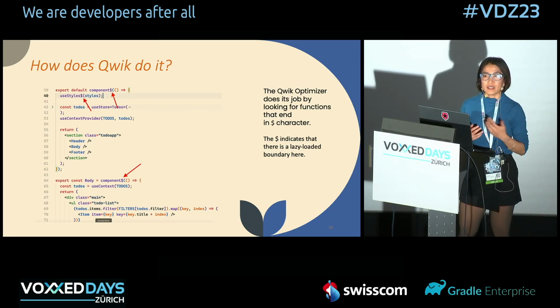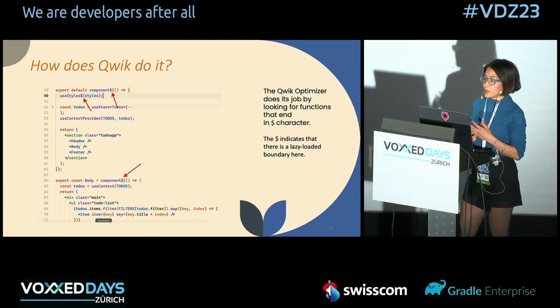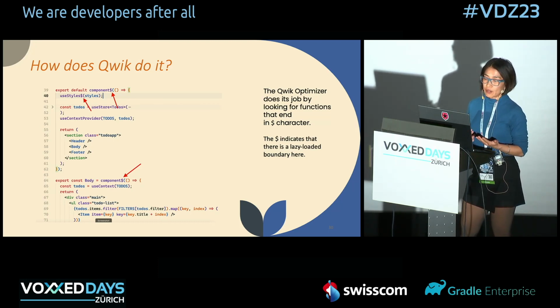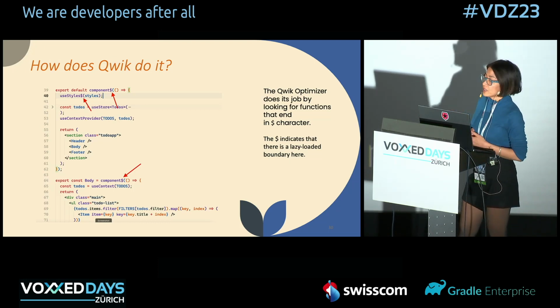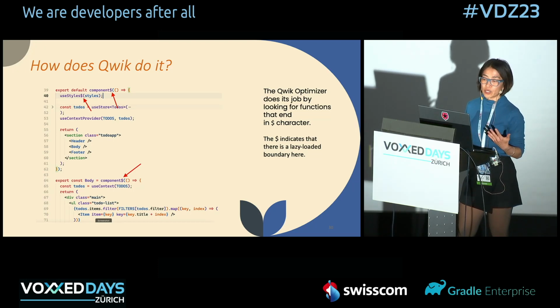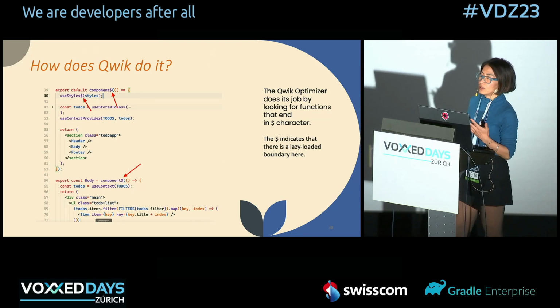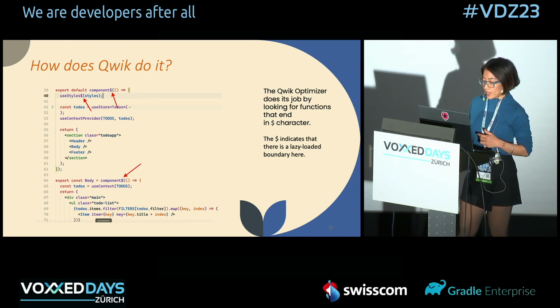So Qwik has this thing called the Qwik Optimizer that runs in the build whenever you're building the Qwik application. It will search for all the dollar signs to create a separate file for each function, component, or even event listener that it finds.